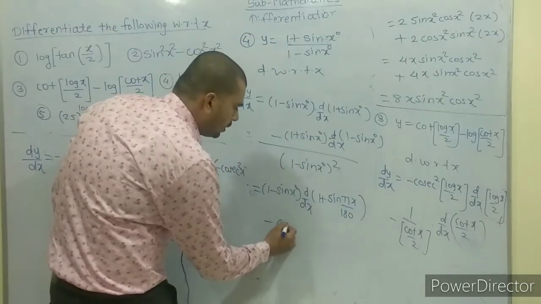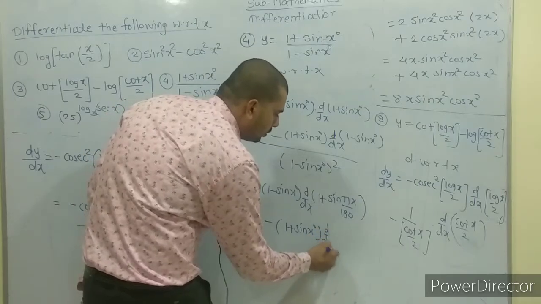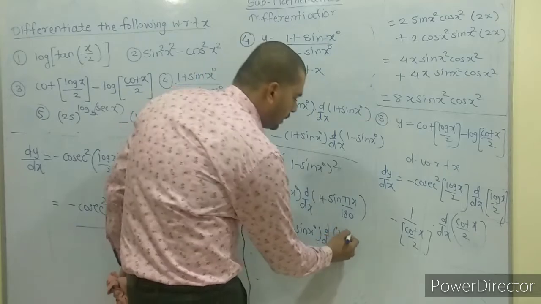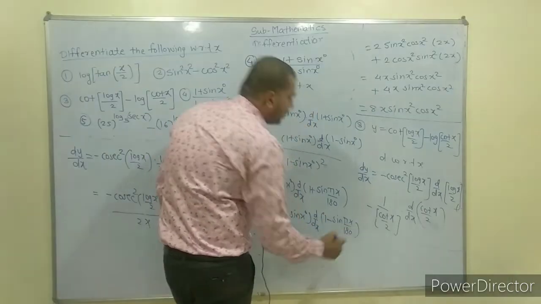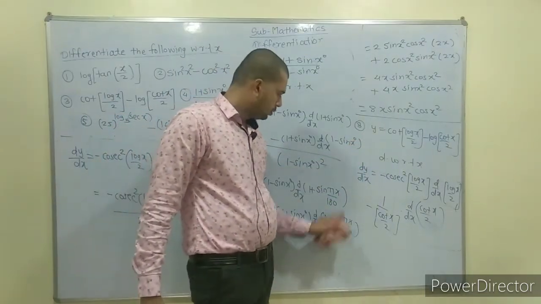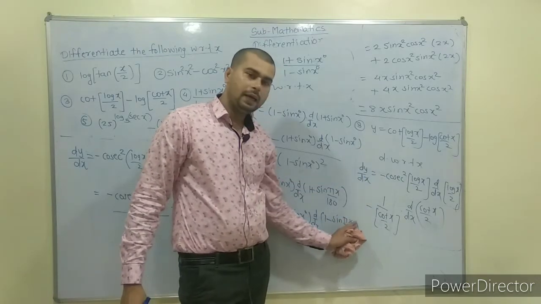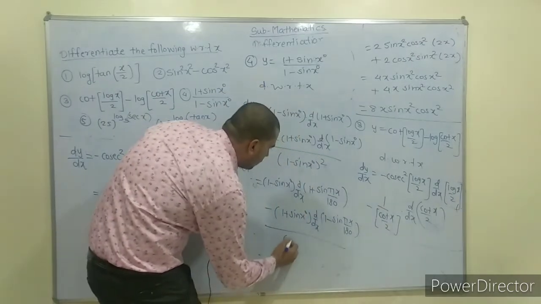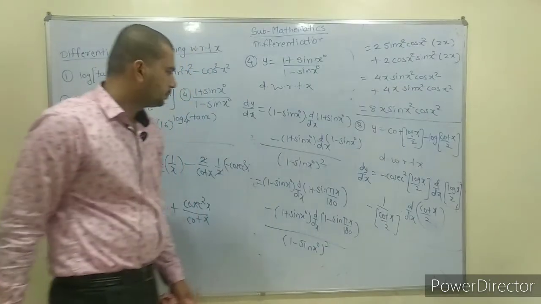Minus 1 plus sin x degree into d by dx of 1 minus sin pi x upon 180. This sin x degree must be converted into radian, so here in place of sin x degree I am writing sin pi x upon 180, divided by 1 minus sin x degree bracket square.